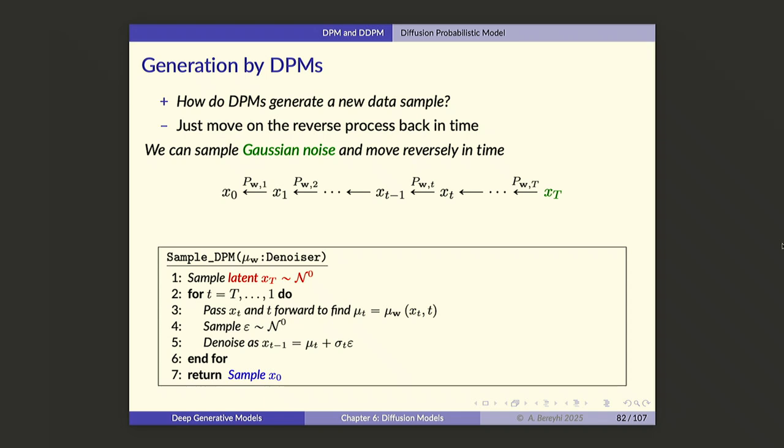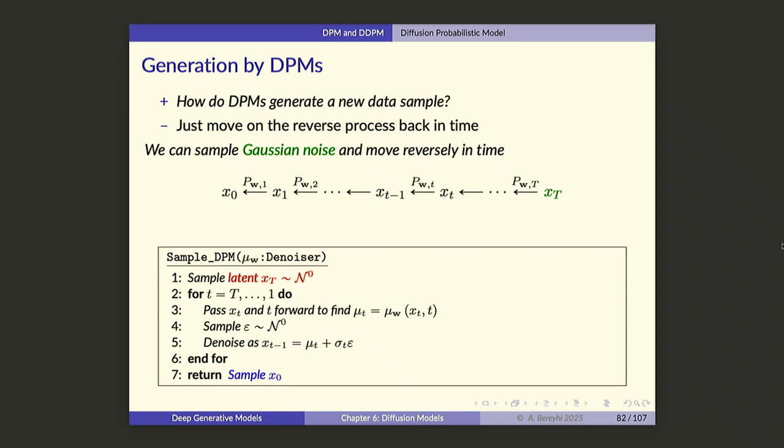Each time, what you're going to do, you're going to compute your mu value. This is going to be the value coming out of your neural network. So you get your complete noise, and you get the time t. You pass it through your neural network. A classical network that you might use is UNet. And then at the output, you're going to get one mu.